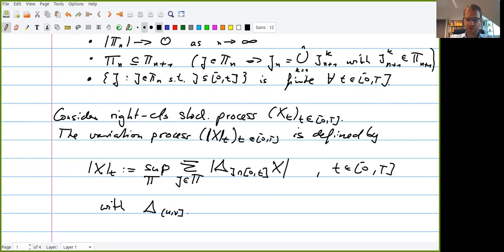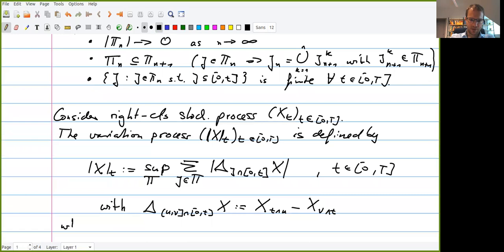So for example, the increment of X over (u, v] intersected with t is just a writing for X_{v∧t} minus X_{u∧t}. So this is just looking at the increments denoted by delta as usual, and then we restrict each subinterval to be less than t. So we take the minimum with t.